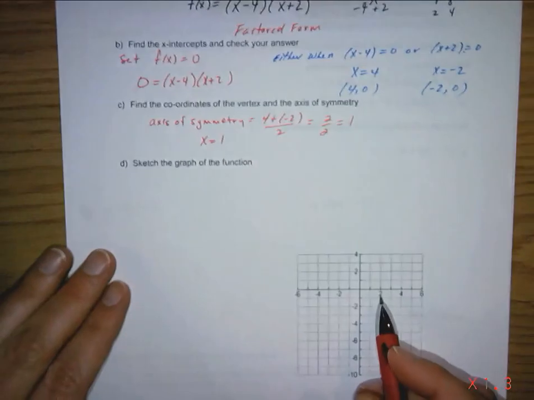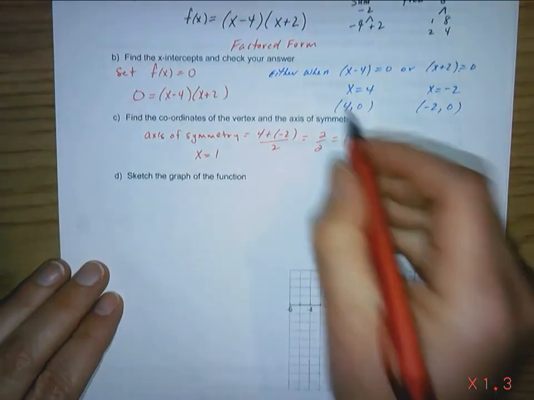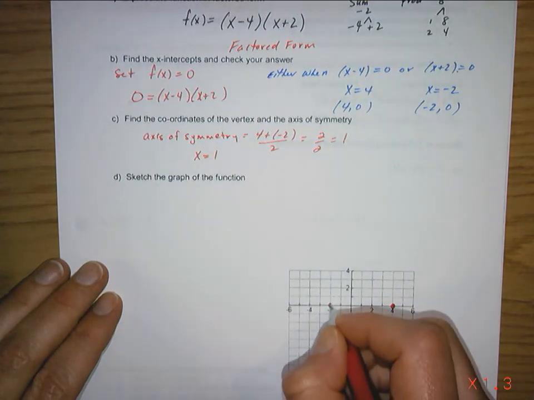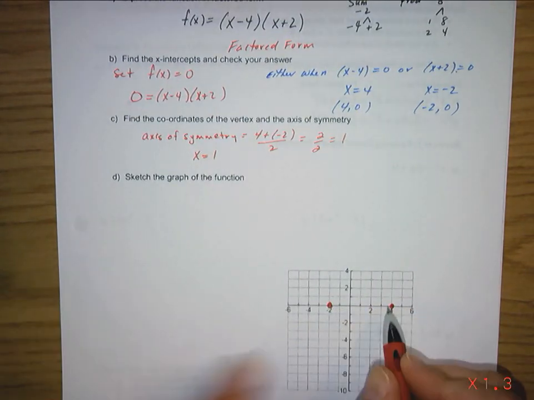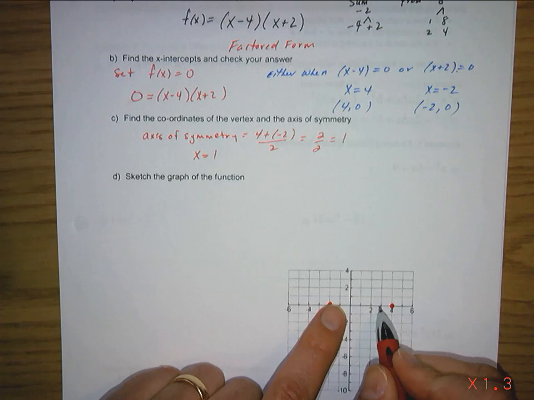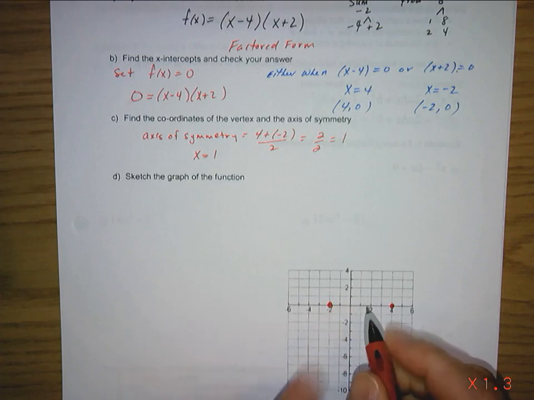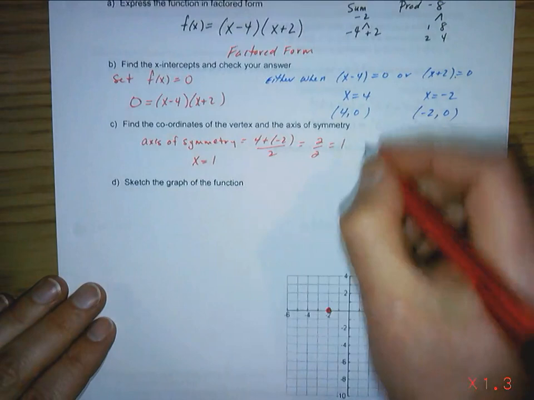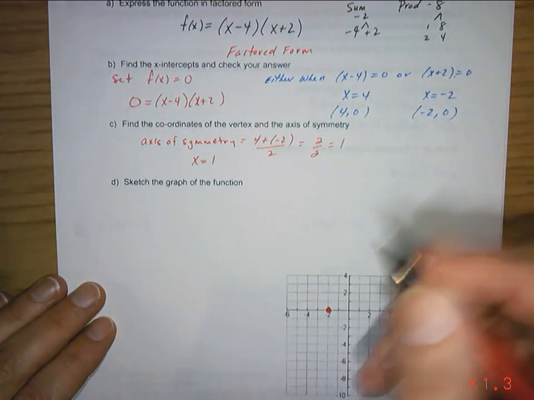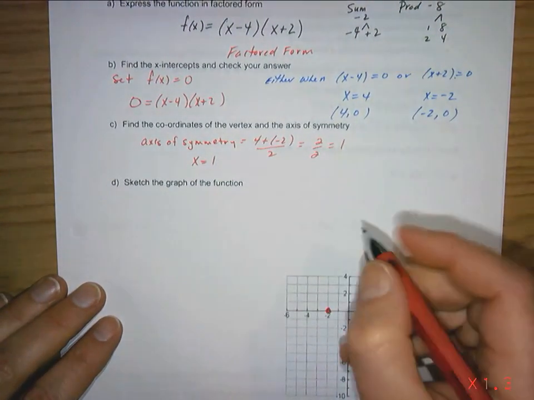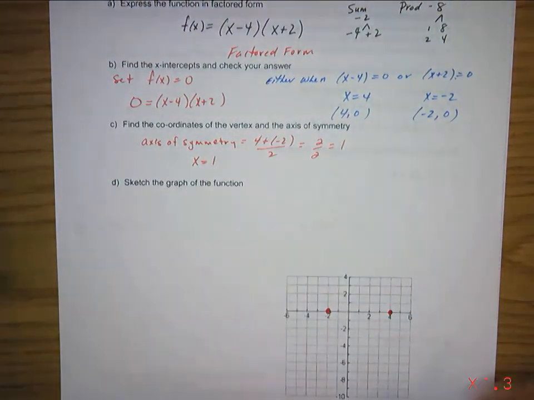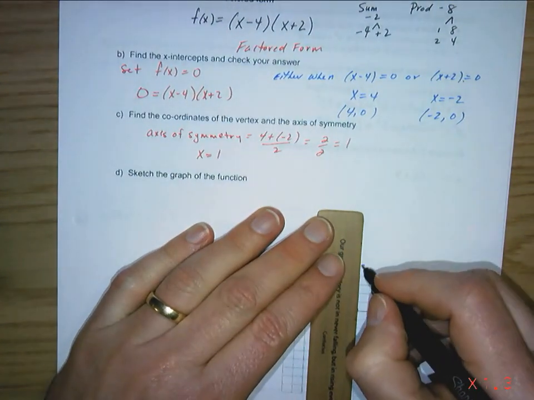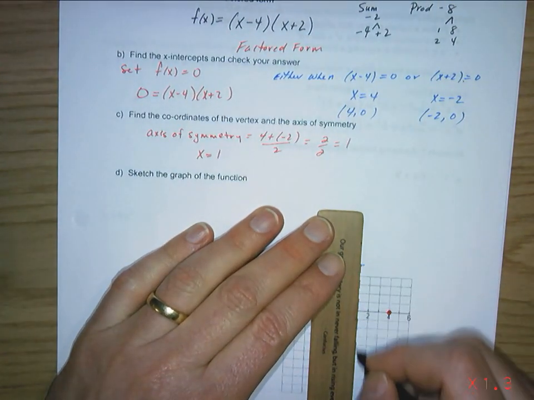Let's make sure that it really is halfway between, that I haven't made a mistake. 4, 0 is here, negative 2, 0 is here. So if I move over 1, and then if I move over 1, yep, I'm right, we worked that out. So that's the axis of symmetry. The coordinates of the vertex, well, the axis of symmetry, if we remember, is going to run right in between the two x-intercepts.